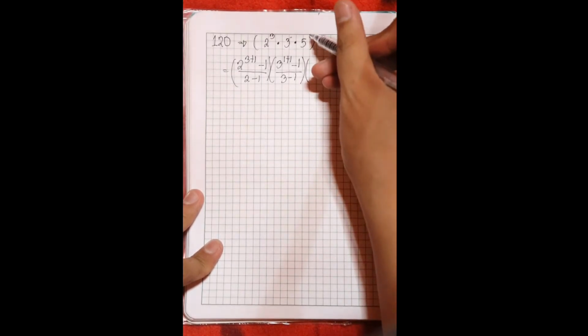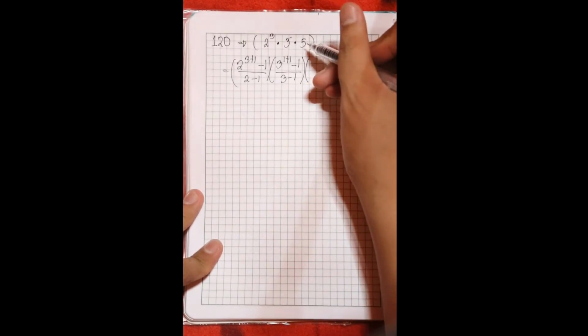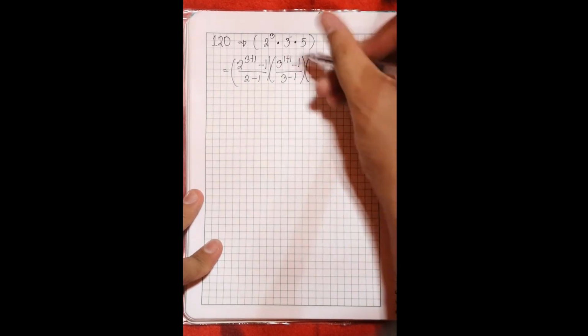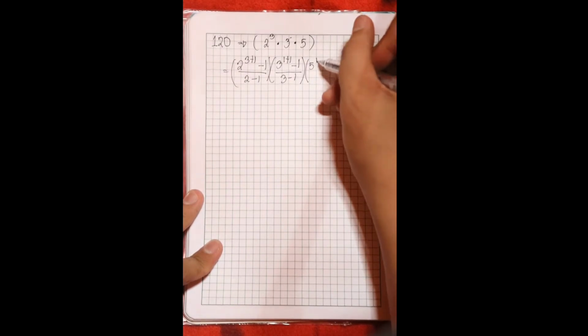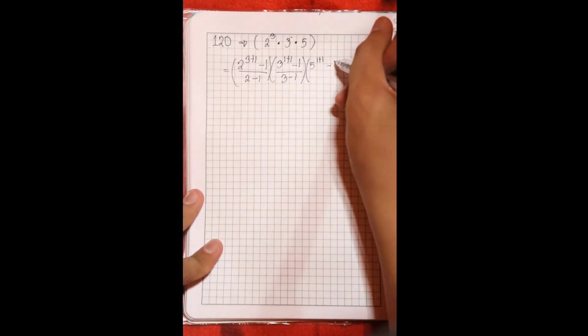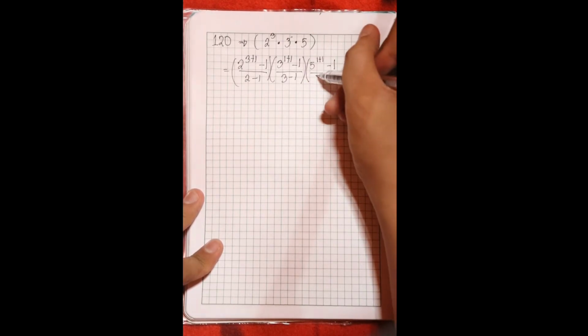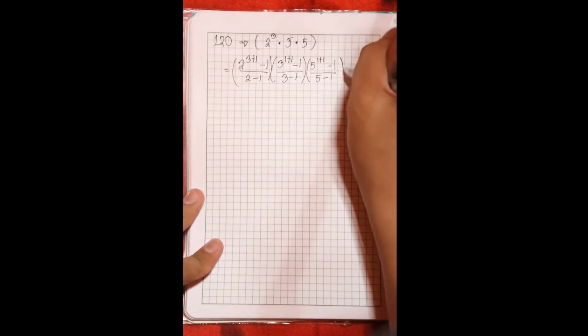Next, 5 raised to 1. Since 5 has no written exponent, we consider its exponent 1. So 5, 1 plus 1 minus 1 all over the base 5, therefore 5 minus 1.